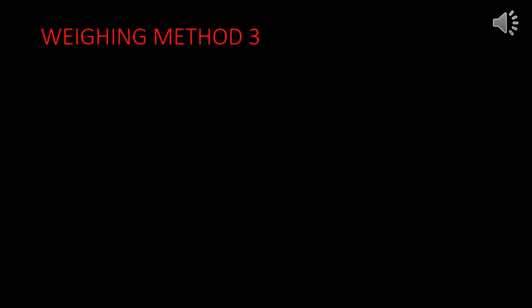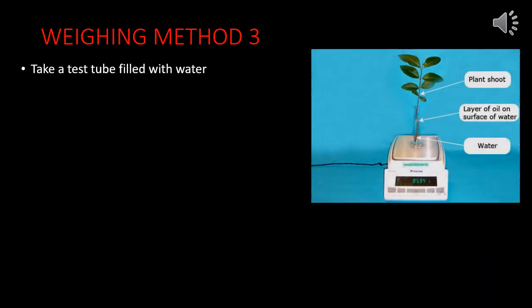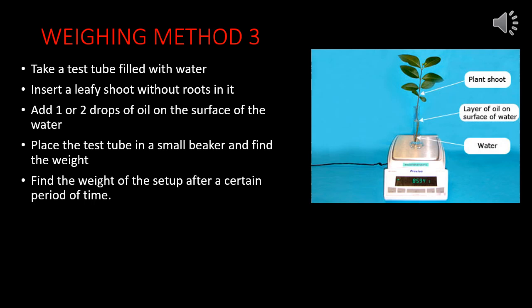Here is another setup to see the amount of water lost during transpiration. In this, take a test tube filled with water. Insert a leafy shoot without roots in it. Add 1 or 2 drops of oil on the surface of the water to prevent the evaporation of water from the test tube.